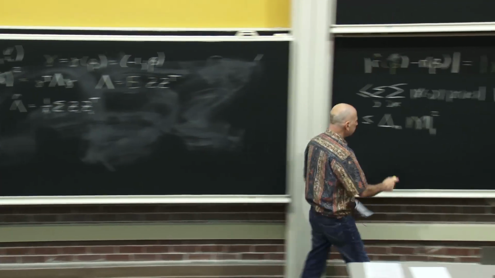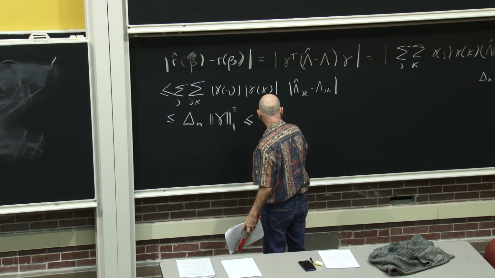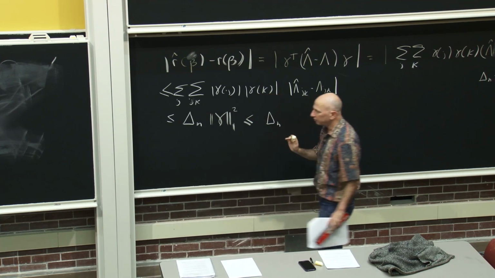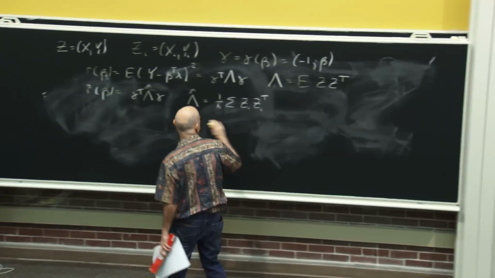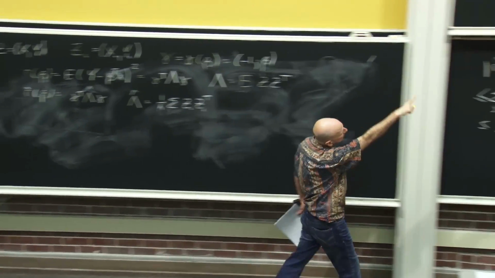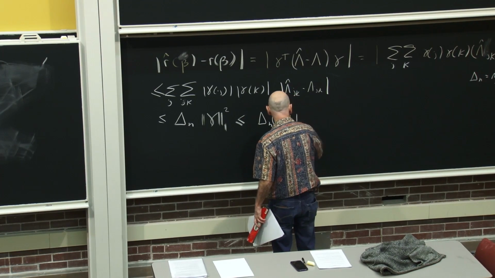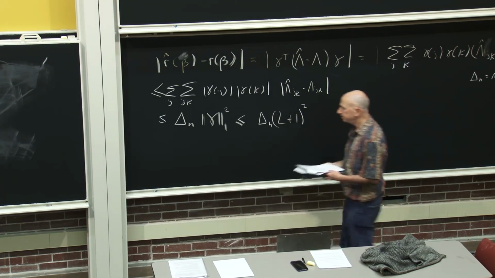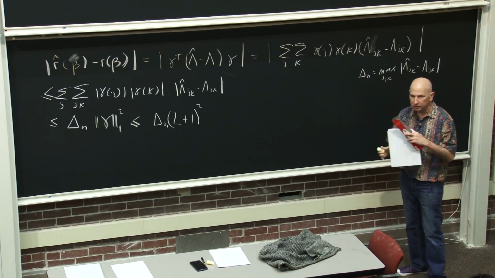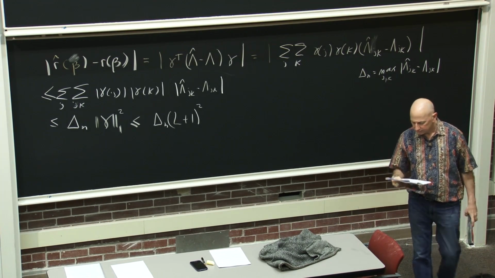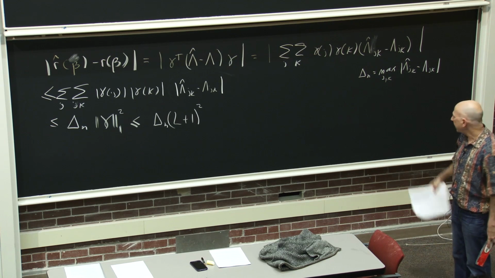So this is less than or equal to gamma n. And remember, we're doing this restricted minimization subject to the L1 norm of beta. There it is, less than L. So this is less than L plus 1 squared. So we haven't bounded this yet.